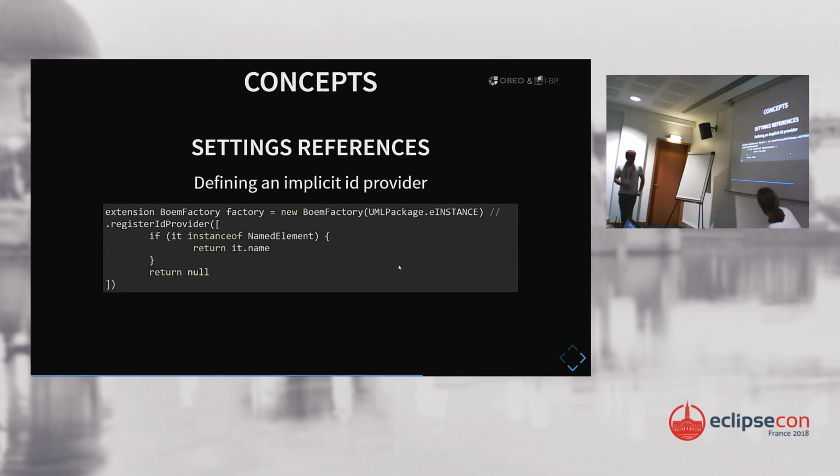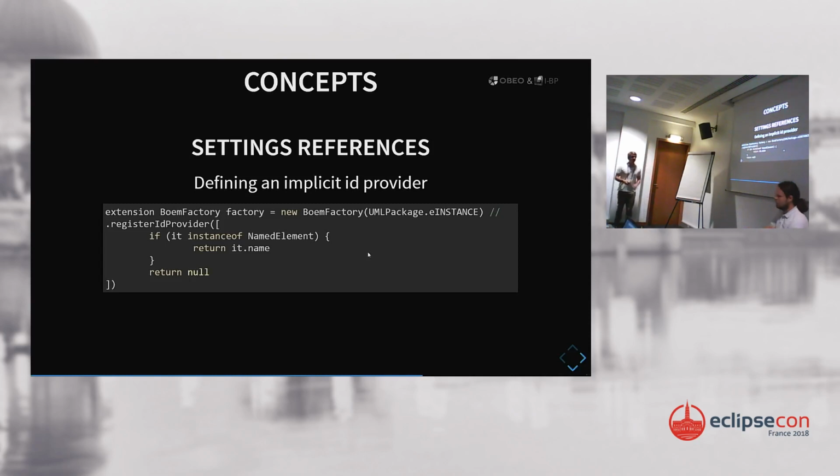So when we were writing BOEM tests, we quickly understood that giving these specific IDs was kind of hard, and mostly in some languages there are predefined IDs which make sense for the users. For example, in the EMF metamodel, we could say, okay, I can use the name as an ID for each object, if I only use unique names.